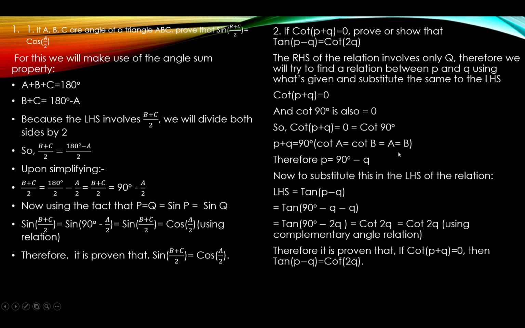So on substituting, I find tan (90 minus q minus q), because here I've got a minus q, and instead of p I wrote 90 minus q. So this is equal to tan (90 minus 2q), which is equal to cot 2q. Therefore, it is proven that if cot (p plus q) is equal to 0, then tan (p minus q) is equal to cot 2q.